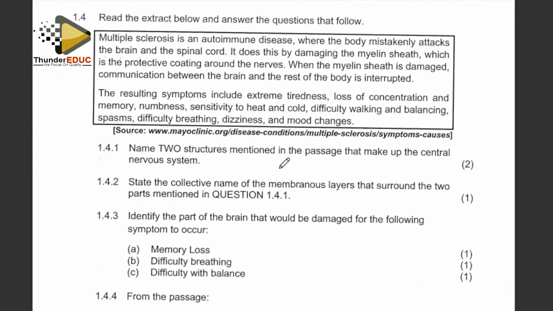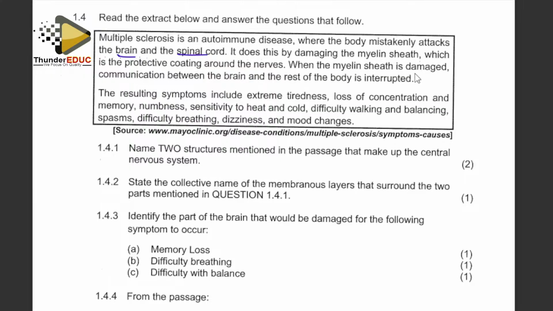They're saying, read the extract below and answer the question that follows. Multiple sclerosis is an autoimmune disease where the body mistakenly attacks the brain and the spinal cord. It does this by damaging the myelin sheath, which is a protective coating around the nerves.